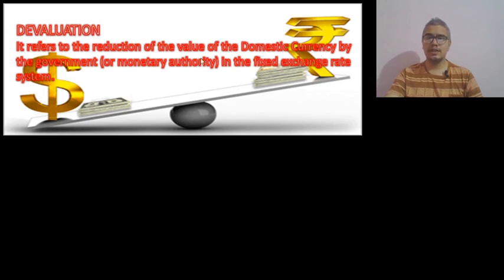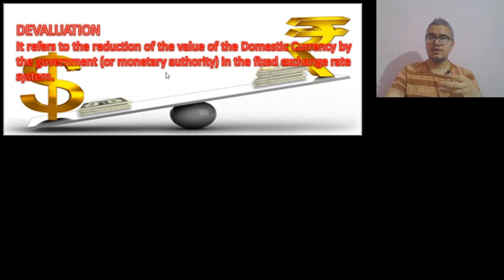It means that the value of foreign currency has increased against the value of domestic currency, so the value of domestic currency will reduce. And if that reduction is in the fixed exchange rate system and is done by the government intentionally, then it is known as devaluation.